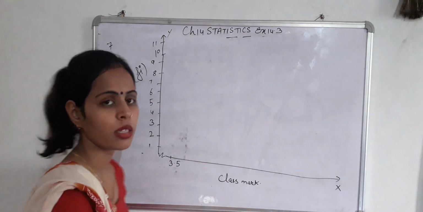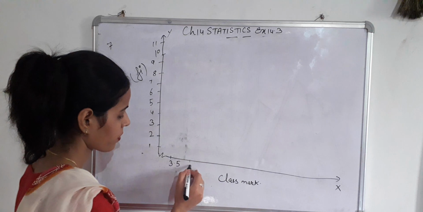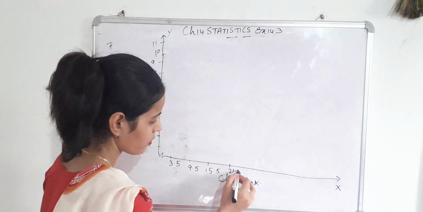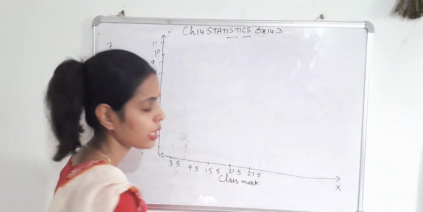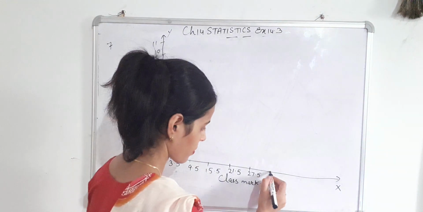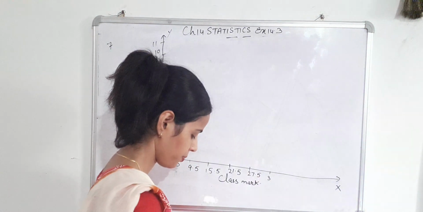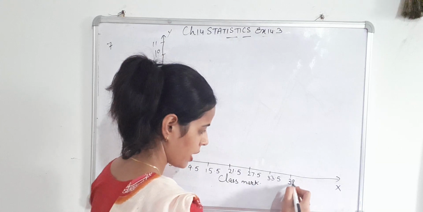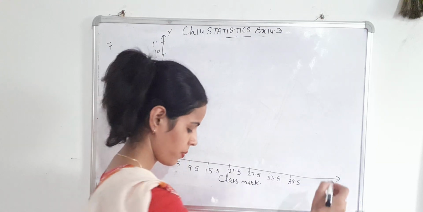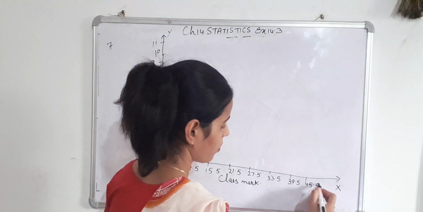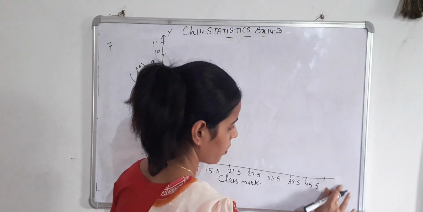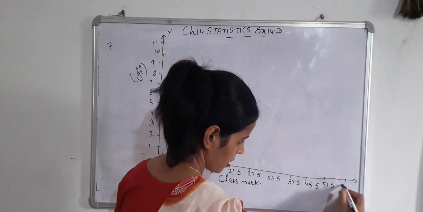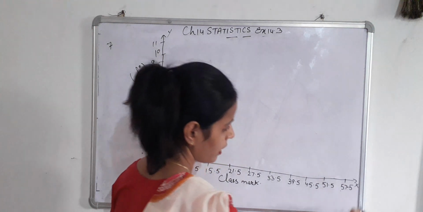Class marks start from 3.5, 9.5, 15.5, 21.5, 27.5, 33.5, 39.5, 45.5, 51.5 and last 57.5.